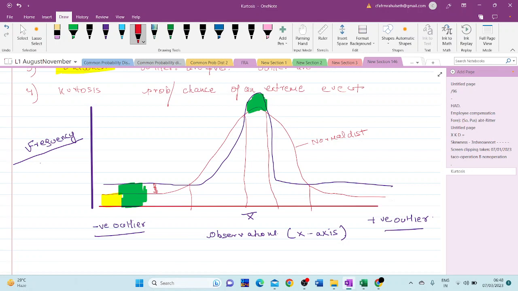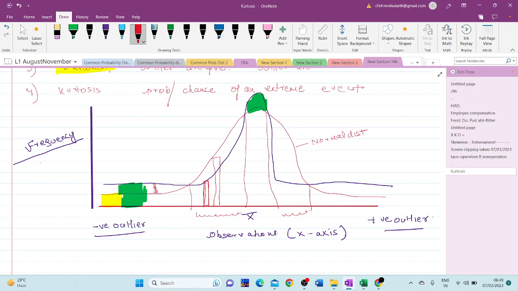So if you were to look at observations here and here in the fat tail distribution, those observations would occur with this much frequency. This would be the frequency with which observations would occur in this area. And in a normal distribution, observations would occur with a higher frequency in this area. Okay, so this is the broad idea.